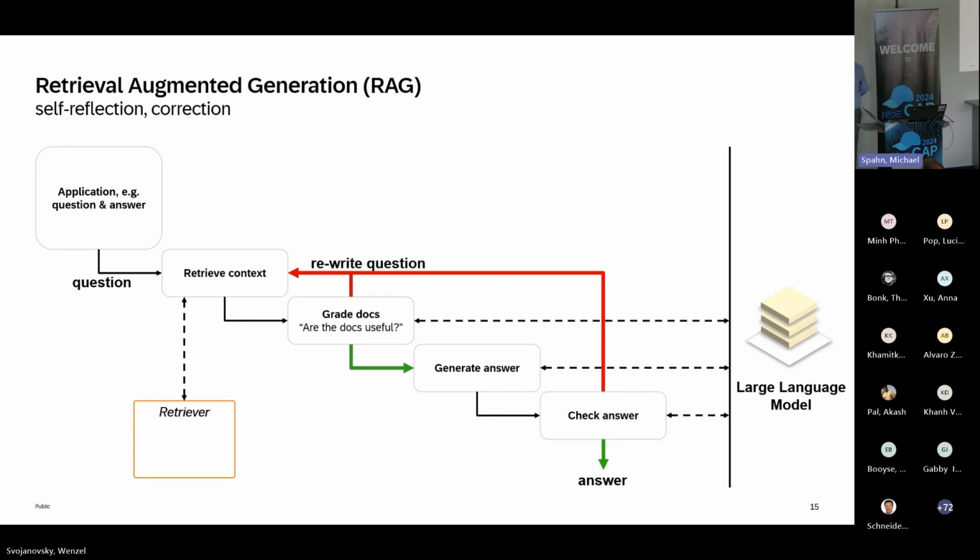If the context is good, it's useful, you can ask the LLM to generate an answer. And then again, you can self-reflect. You can pose the answer together with the question again to the LLM and ask it, hey, please assess if the provided answer really answers the question. And depending on the assessment of the large language model, you can generate the answer or add another loop to all of that.